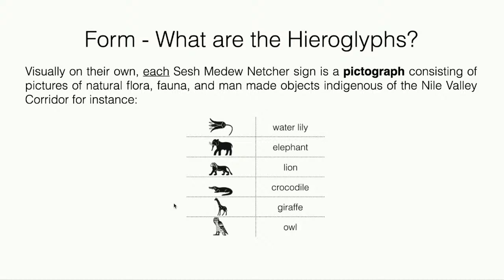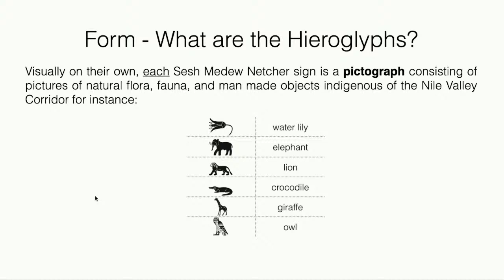So these pictures, although they're pictures of things, can function for the purpose of referring to sounds in the language, which have nothing to do with the pictures or what they're a picture of. When they're used that way, we refer to them as phonographs, from the word phone, which means sound, and grapho, which means to write.